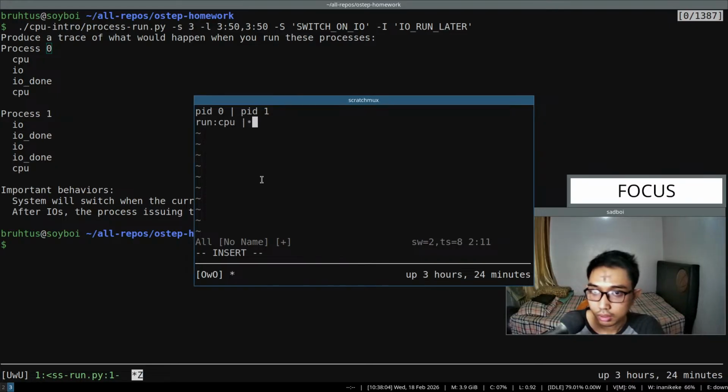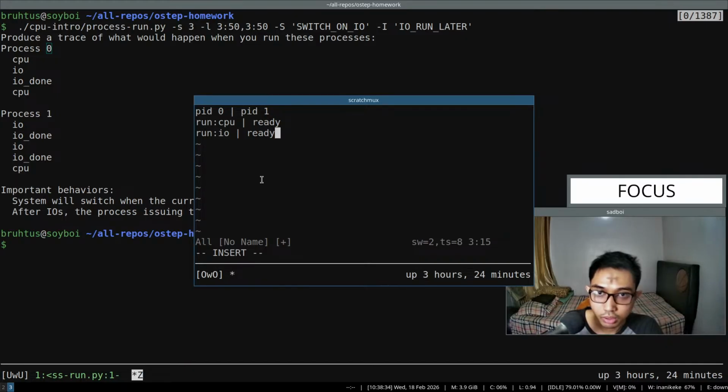Run this, run the CPU process, and then ready, and then do we run this? I think we are running the input output directly.